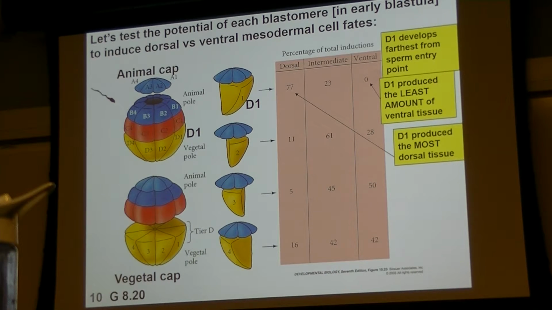And the D1, that's the blastomere that is opposite the side where the sperm originally was fertilized. And you can see that 77% of the time it gave very dorsal characteristics. 23% of the time it gave intermediate mesoderm. And really almost never gave a ventral characteristic.